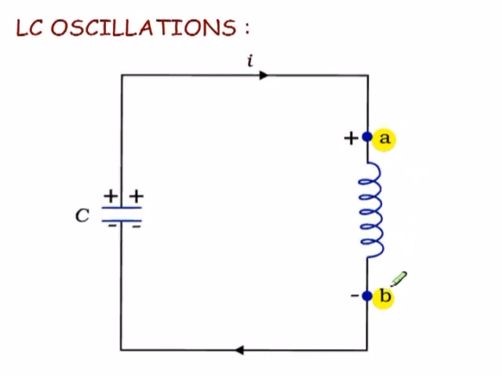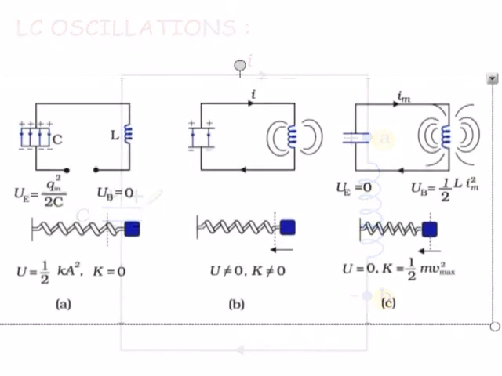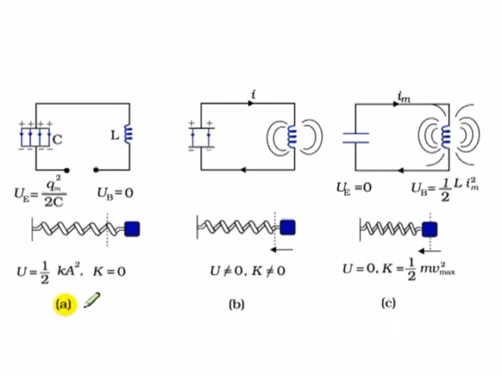This current increases from 0 to I max during the interval between t equal to 0 and t equal to T by 4. At the same time, the charge on the capacitor reduces from Q max to 0. The following figures A, B, C, D, E will show the status of the tank circuit at various times.